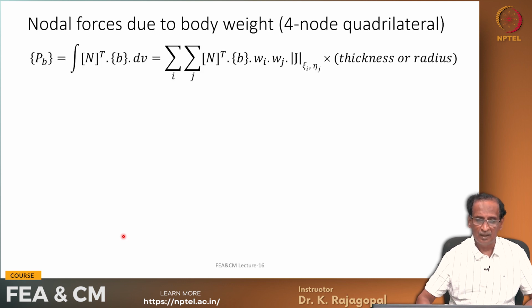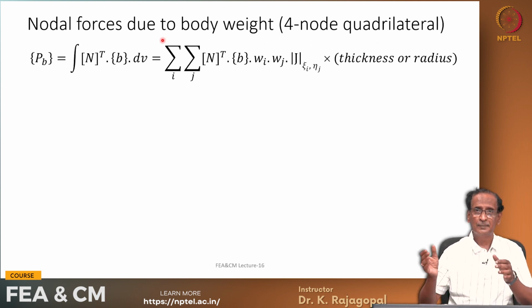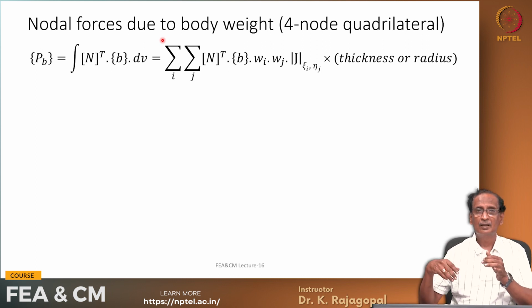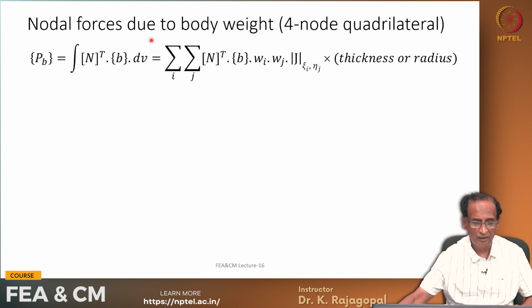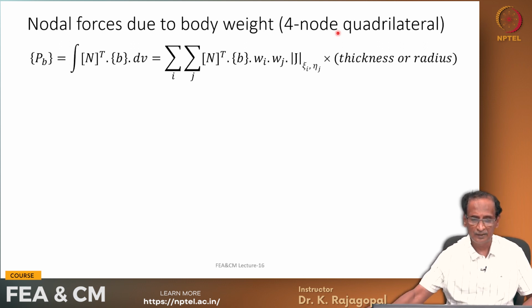So now let us see the other calculations that is related to the estimation of the right hand side force vector, and one of the terms on the right hand side is the body force vector, and that is written as N transpose B dV. Here I am going to illustrate only for a 4 node quadrilateral, so that I can write out all the matrices and vectors.